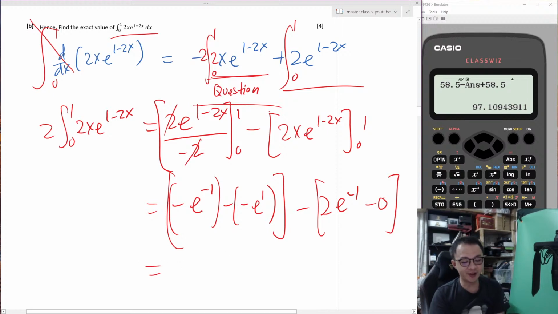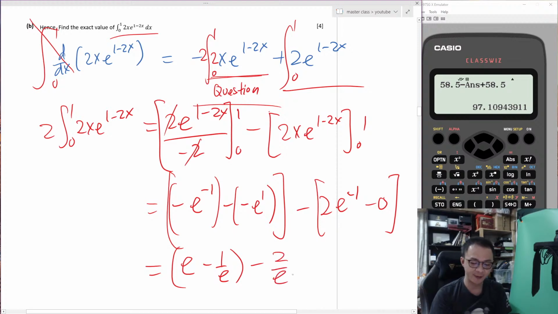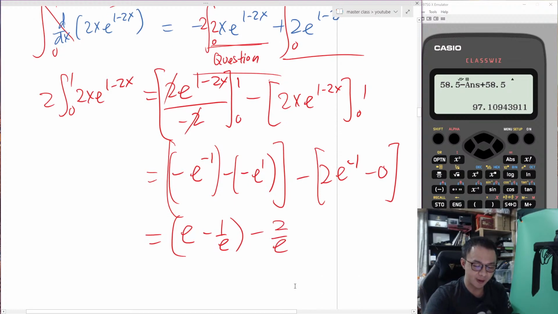So this one over here, we have -1 over e plus e. So it will be e minus 1 over e, sorry. And then here is minus 2 over e. Okay, so yeah, simplify until the end, e minus 3 over e. Done.